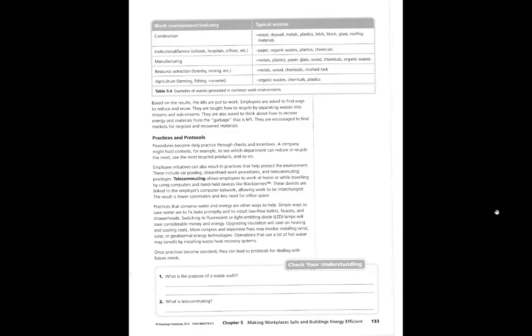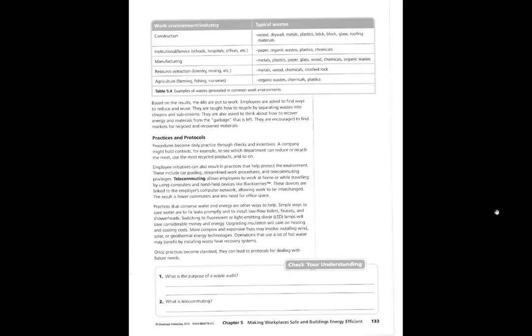Okay, so once we start using these practices and procedures, then they become something that are just part of what we do in our daily work, or in our homes, every day. And remember, if we reduce the amount of waste, we're reducing what has to be done to get rid of it. And if we reduce the amount of energy we're using, then we're reducing the need to produce the energy in the first place.